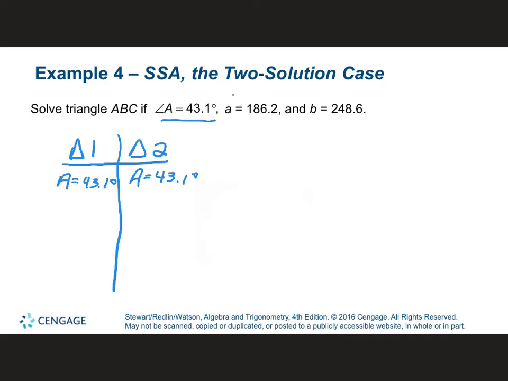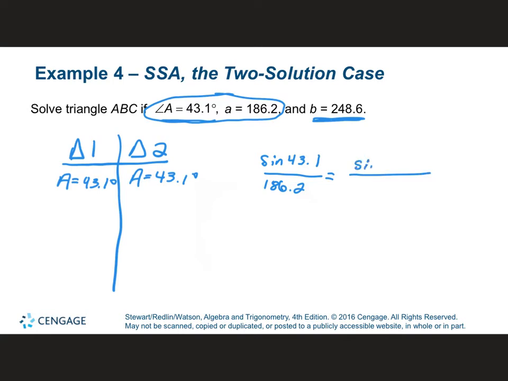With the information that they gave us, I can write my first proportion, which would be the sine of 43.1 over 186.2. And I'm going to find angle B since they gave me side B. So I'm going to have the sine of B over 248.6.